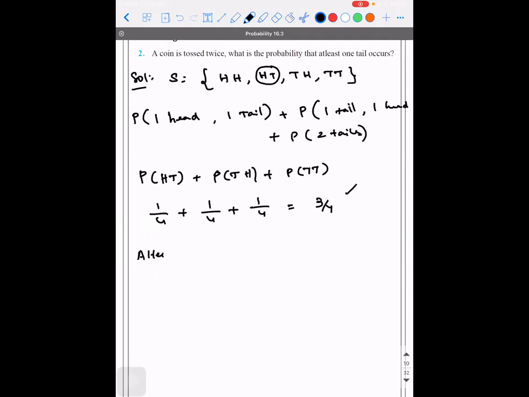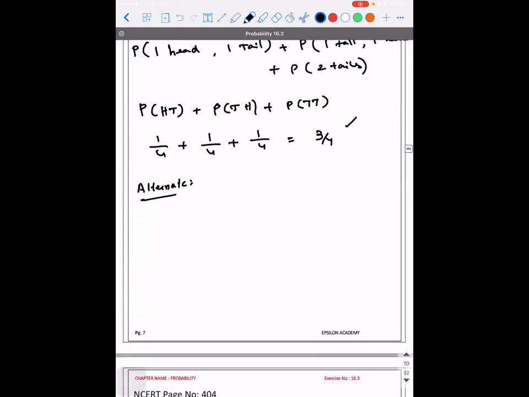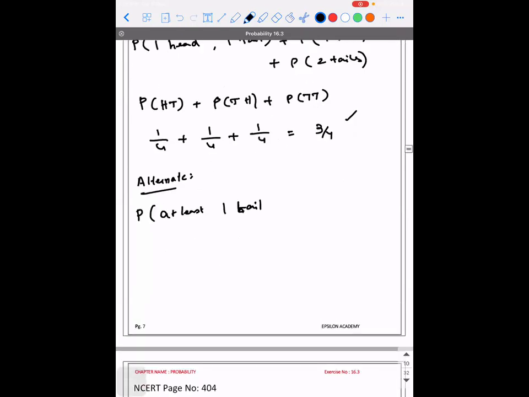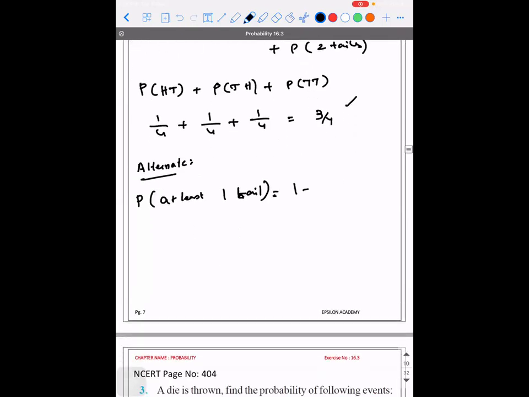But what is the alternate way to solve this? At least one tail is equal to 1 minus probability of getting no tails.